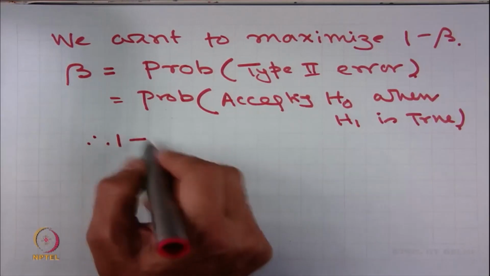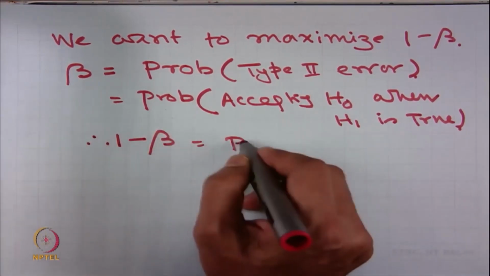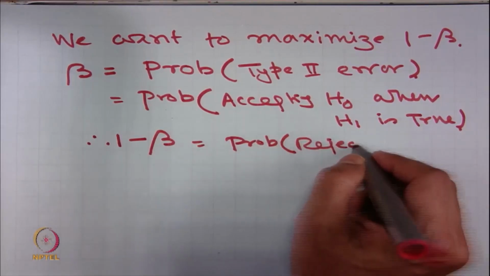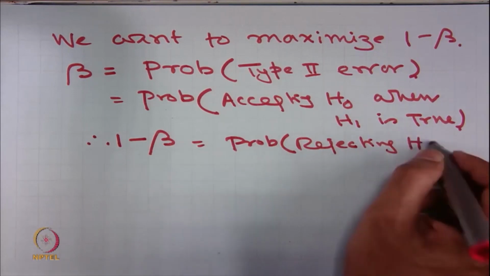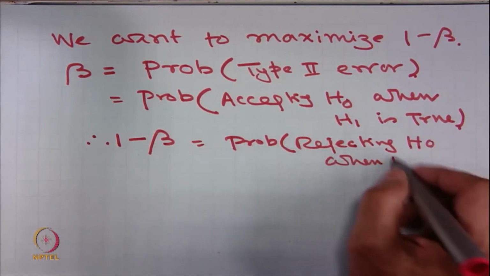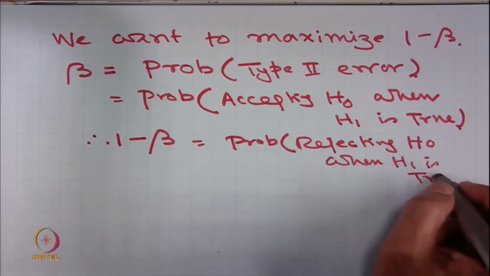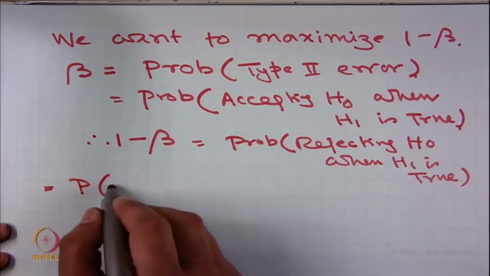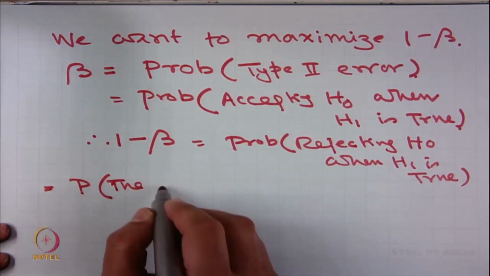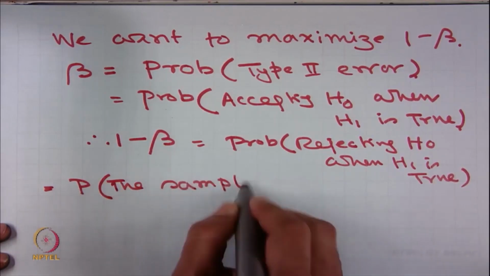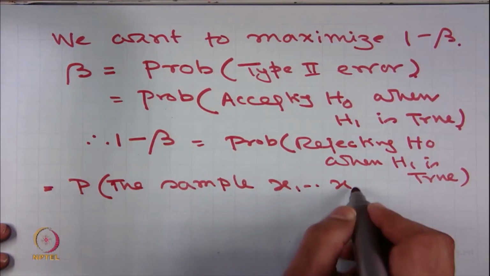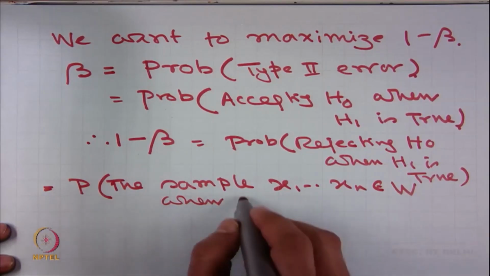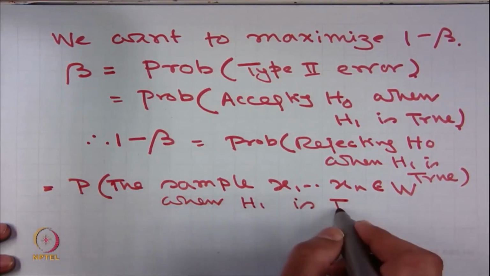Therefore, 1 minus beta is the probability of rejecting H naught when H1 is true, which is the probability that the sample x1, x2, ..., xn belongs to the critical region when H1 is true.